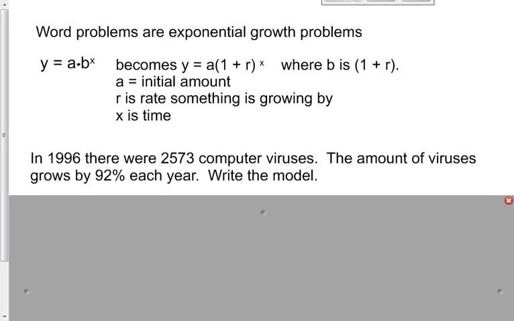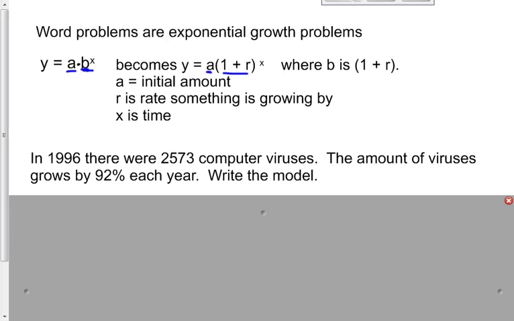Okay, word problems. When you deal with word problems and exponential growth, your basic equation, a times b to the x, now is going to change a little bit. We're going to replace the letter b with the value of 1 plus r. R refers to a rate that something is growing by. We still have a in the front.